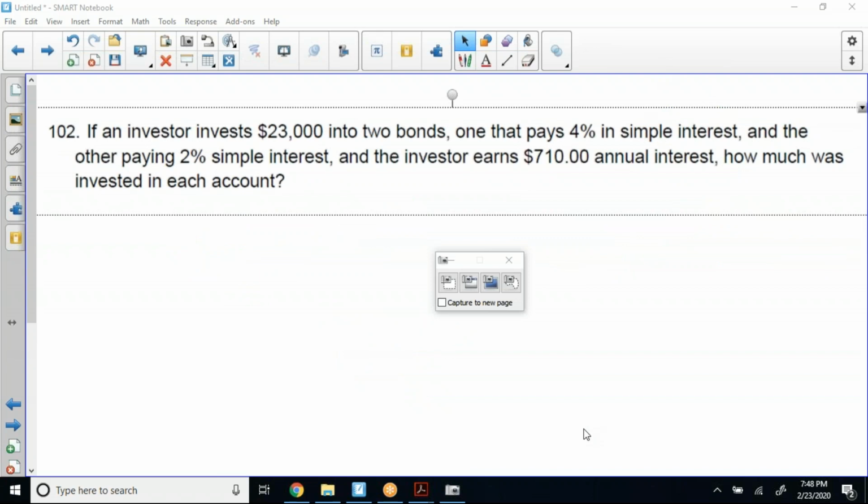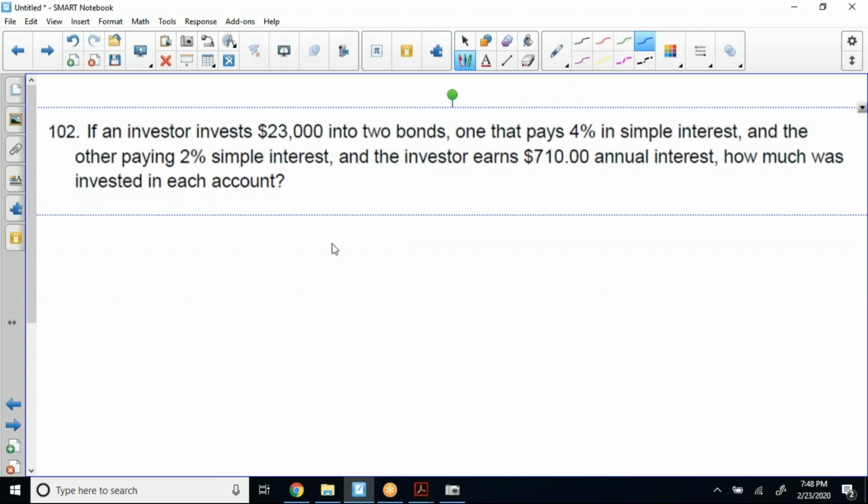When you're looking at this one, it's saying if an investor invests $23,000 into 2 bonds, one pays 4% in simple interest and the other pays 2%, and the investor earns $710, how much was invested in each account? I equals PRT.